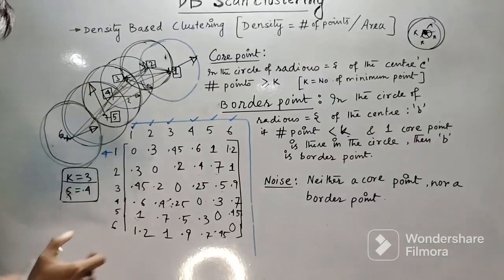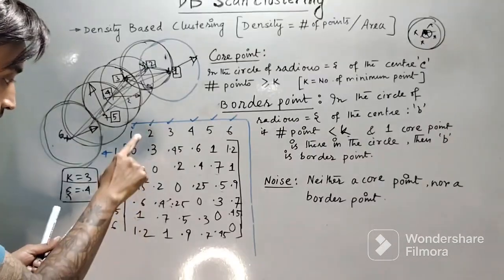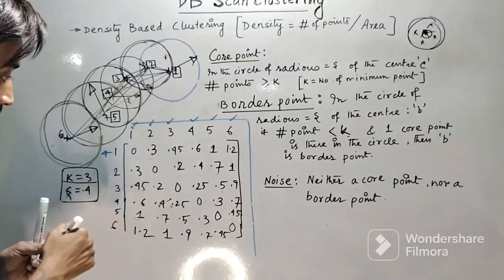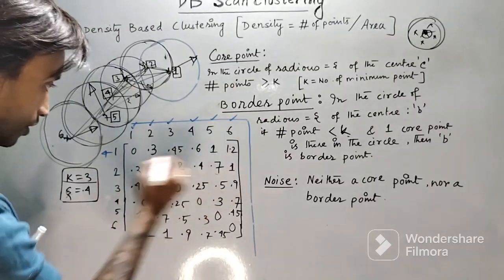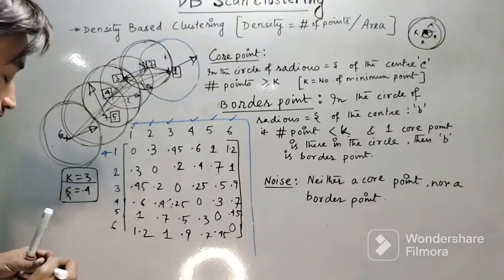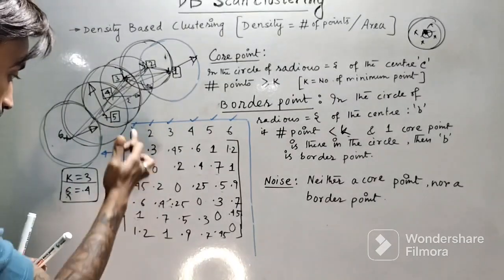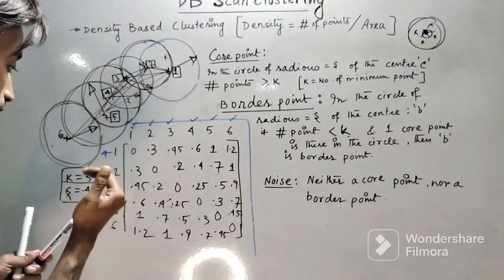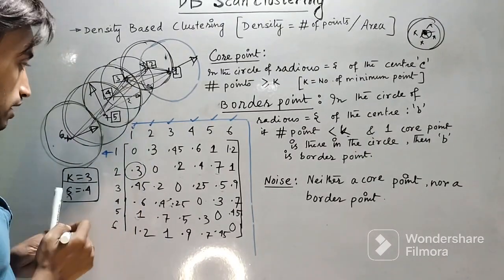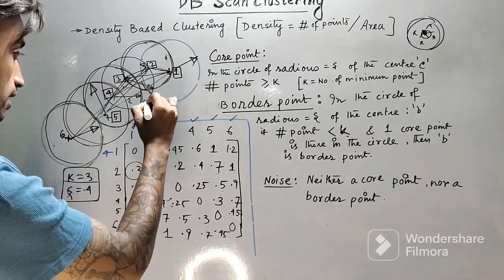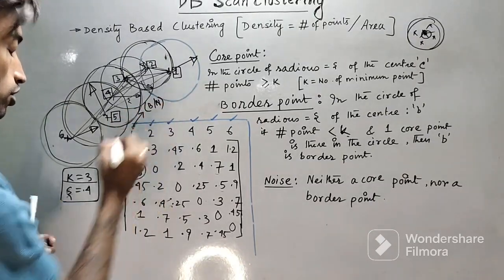Okay. So from here, for point 1, how many values are there in the column, or you can take this row or this column, everything is fine because this is a symmetric matrix. How many values are there in this column less than 0.4? That is nothing but only one value. So then this will be either a border point or a noise, for sure.